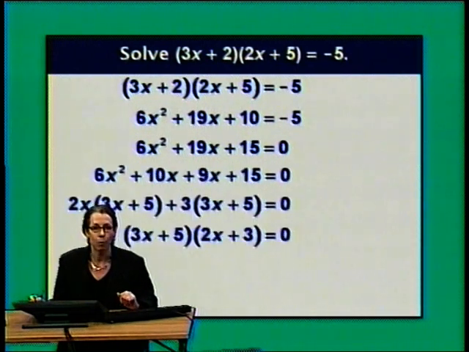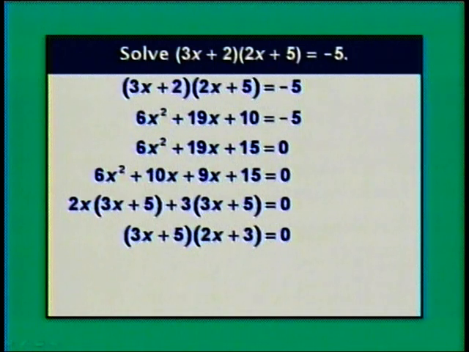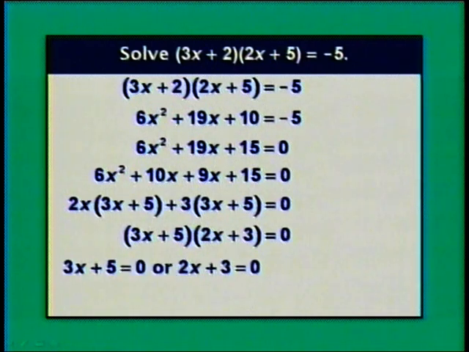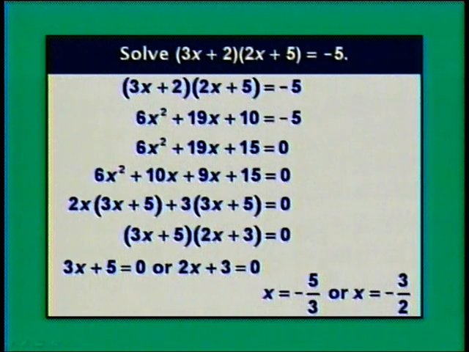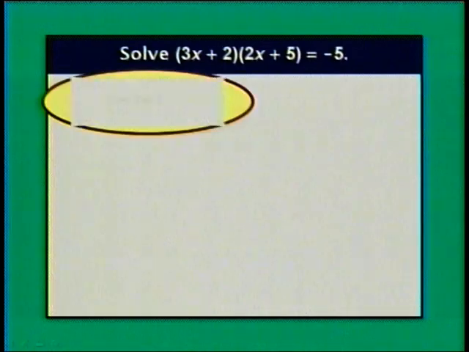So going through that process, I end up with the factorization 3x plus 5 times 2x plus 3, and that equals 0. Applying the zero product principle, I get two linear equations. And when I solve the linear equations, I get exactly the same solutions as I got from using the quadratic formula. Which method is easier or quicker? They seem about the same to me in this case.